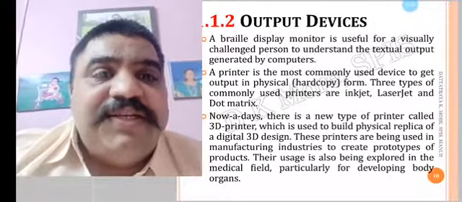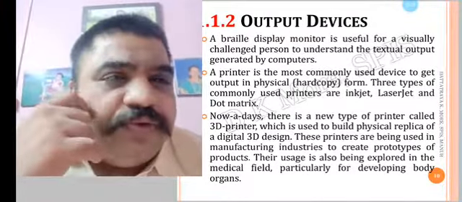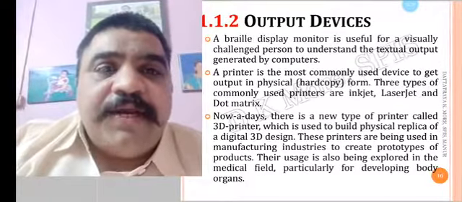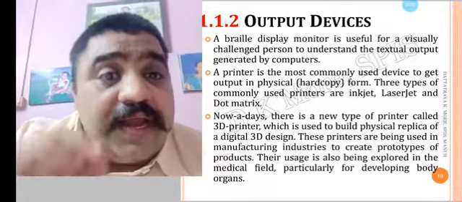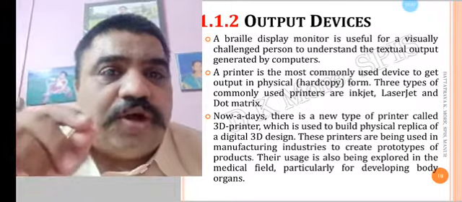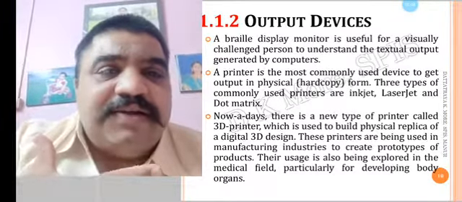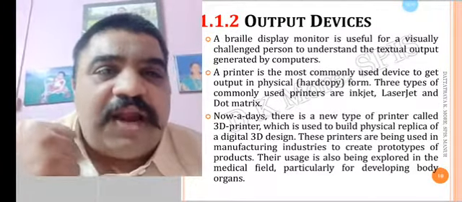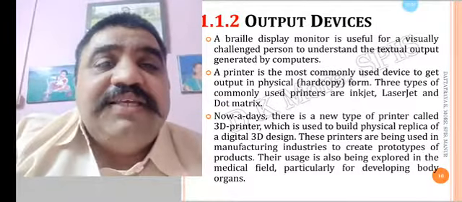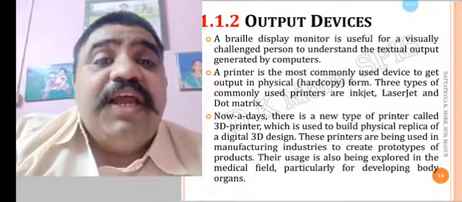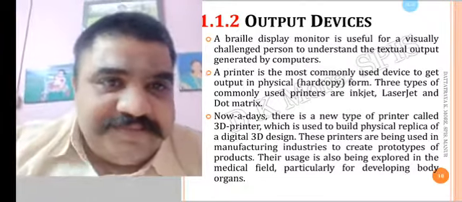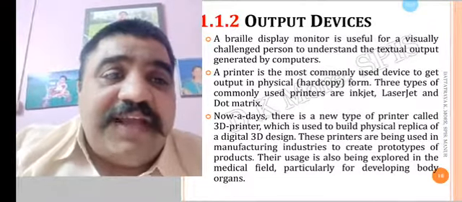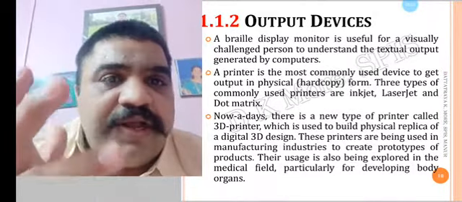So for this 3D design, I will give you a fantastic example. All of you know the Iron Man movie. In that Iron Man movie, the suit of Iron Man, the dress, the jacket or we can say the armor of Iron Man, is made with the help of this 3D printer. See, we can take a printout of such things nowadays.